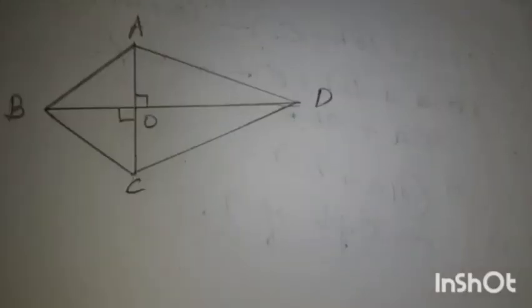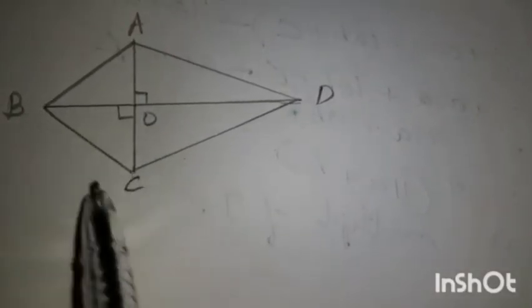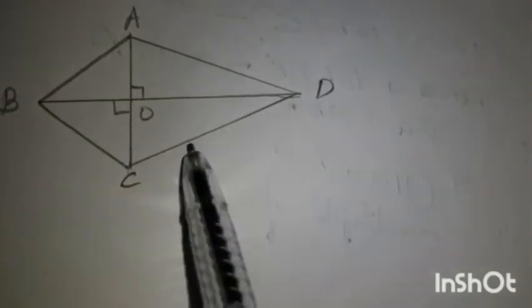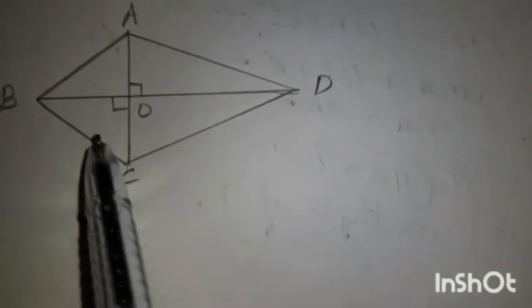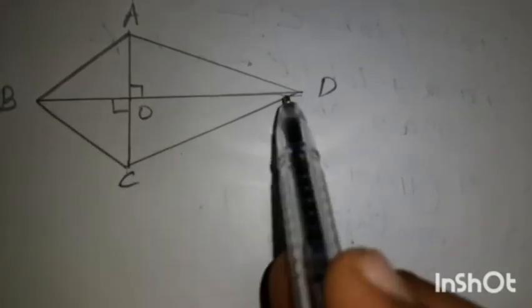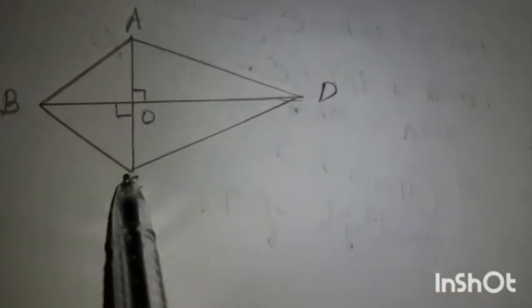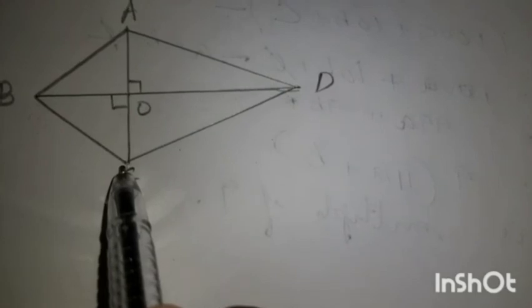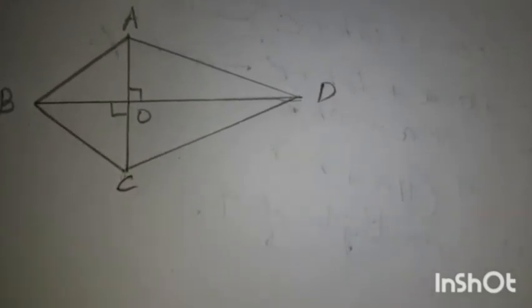Prove that for any quadrilateral with the diagonals perpendicular, the area is half the product of diagonals. ABCD is a quadrilateral in which the diagonals are perpendicular to each other. Here BD and AC are the diagonals of ABCD.